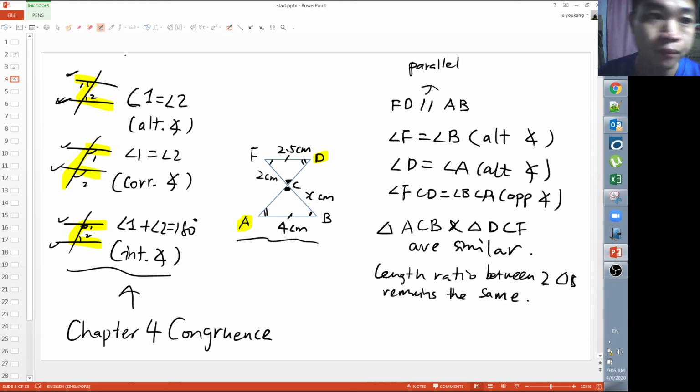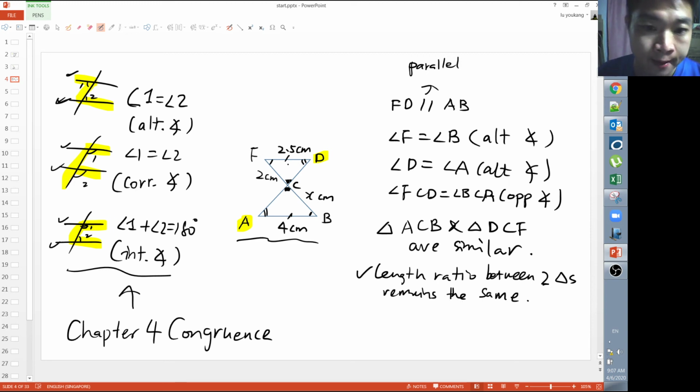Let me repeat this once again: if these two triangles are similar, the length ratio between these two triangles remains the same. What do I mean by that?